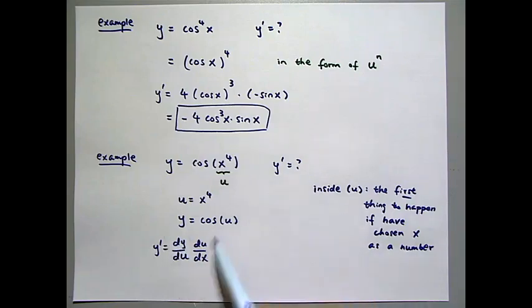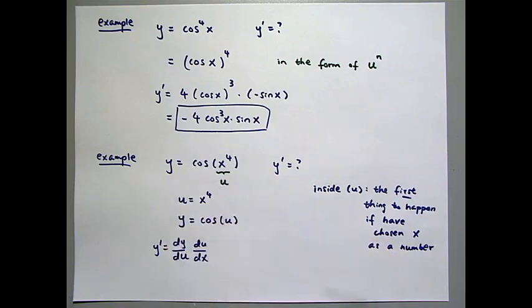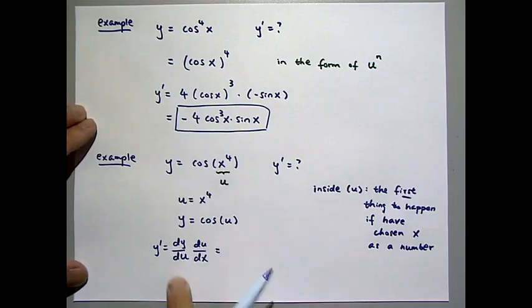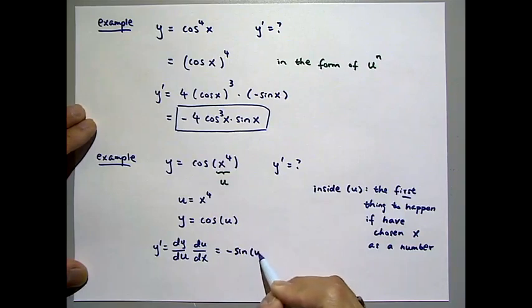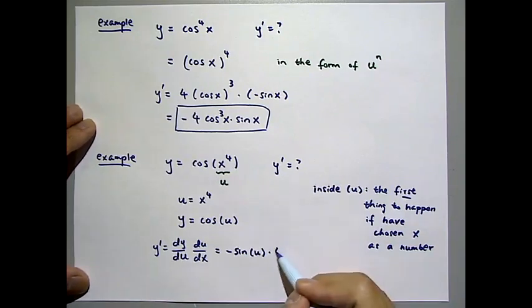What's going to happen when u changes? This guy tells us that. What's going to happen to u when x changes? So that's du/dx. So what do we get? We get minus sine of u times 4x cubed.